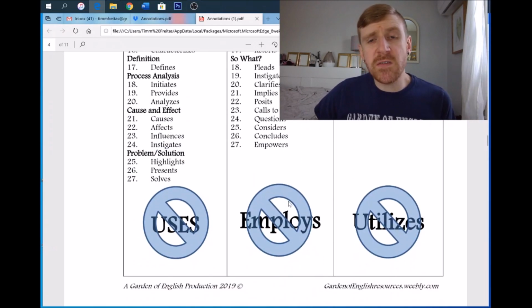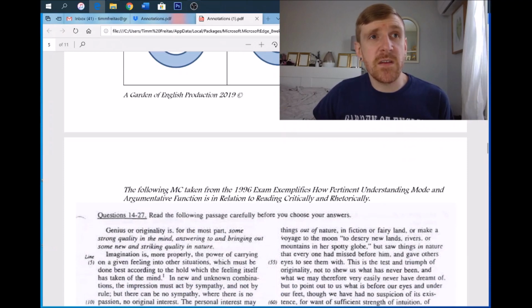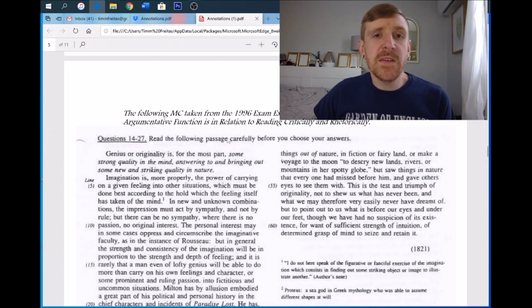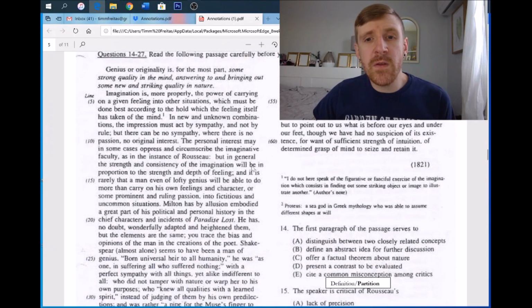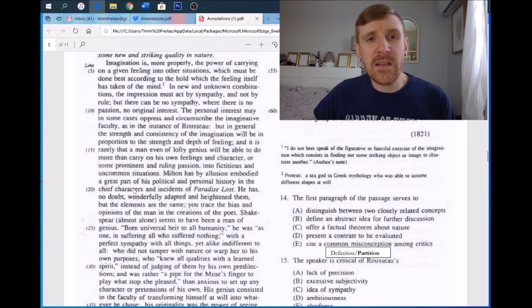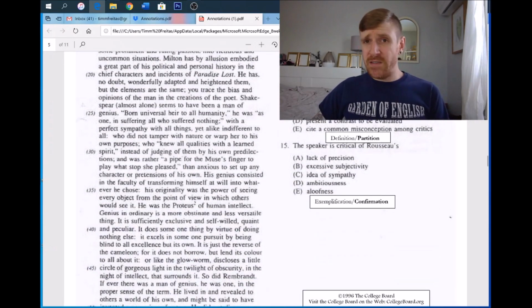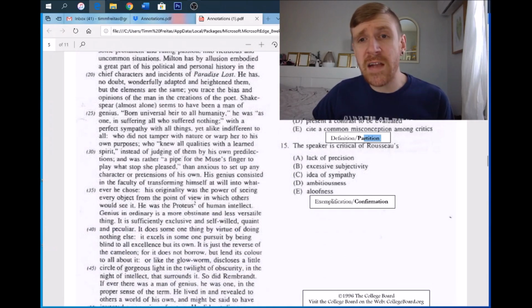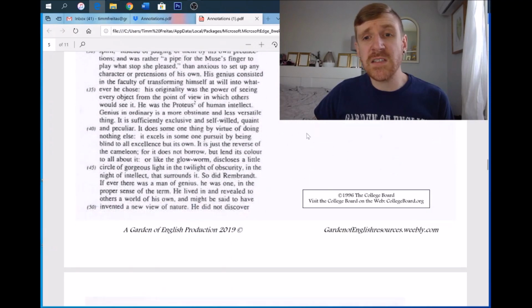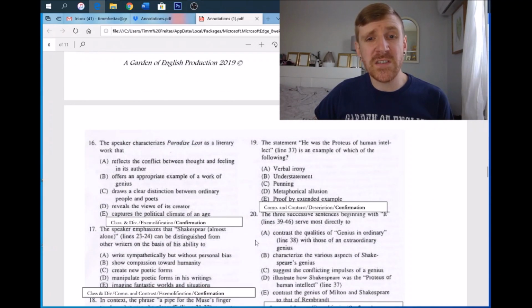Now, what's also nice about these annotations is that if you look in the document that I've provided for you, this comes from the 1996 exam from the College Board, but you'll notice that if you were to annotate this with rhetorical mode down one side and oration structure down the other, you can actually, and I've already done this for you, I've matched these to the questions and answers, and you can find that these annotations touch upon almost every single question that's in here.